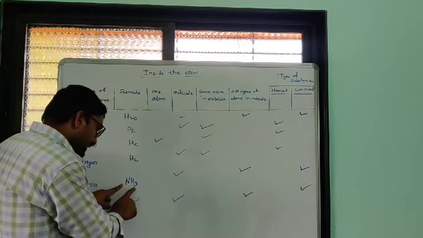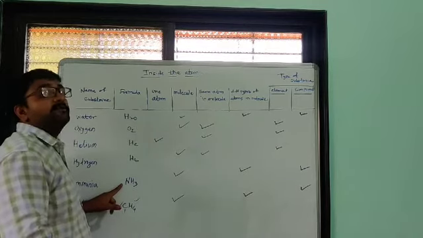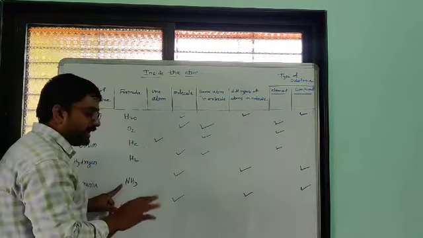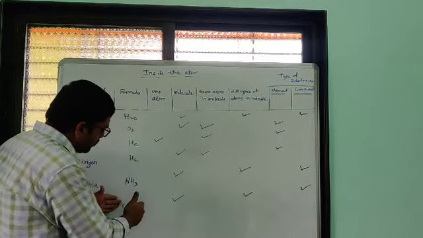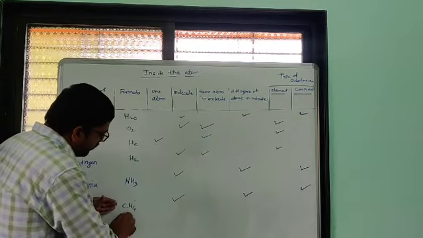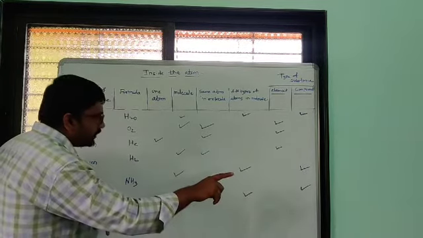Ammonia: N and H, nitrogen and hydrogen are combined with each other. 2 different types of atoms are combined, so it is a compound. You just have to observe the formula. CH4, that is methane. Here carbon and hydrogen, 2 different types of atoms are there, so again it is a compound.